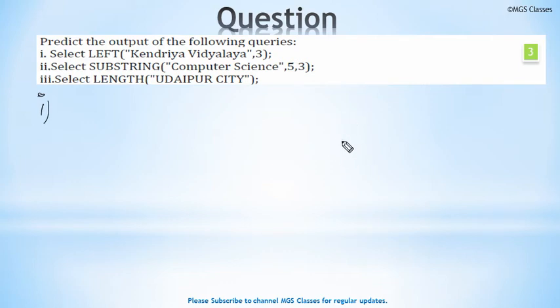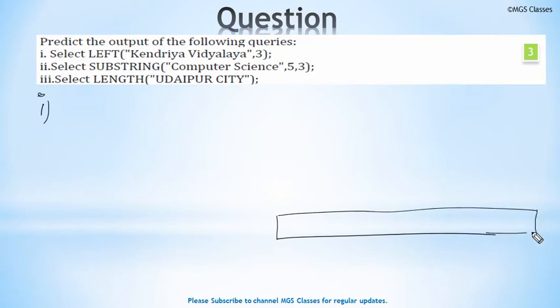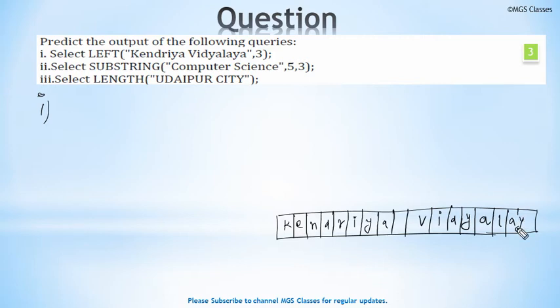For solving such kind of questions, I have already given you a trick, that is the box method. You need to draw a box, and in the box you will write KENDRIYA VIDYALAYA, like that, Vidyalaya.